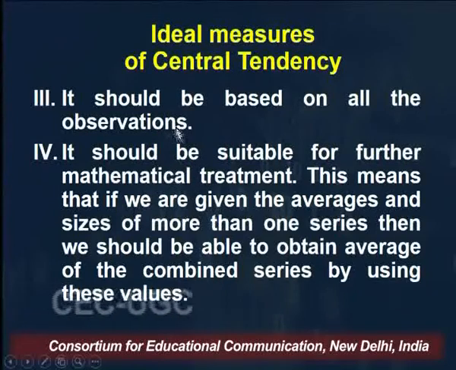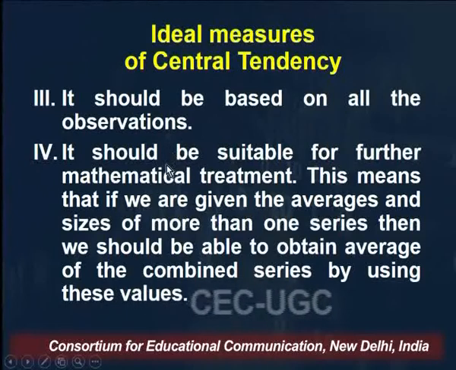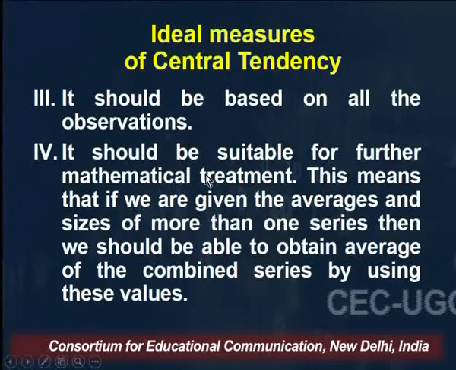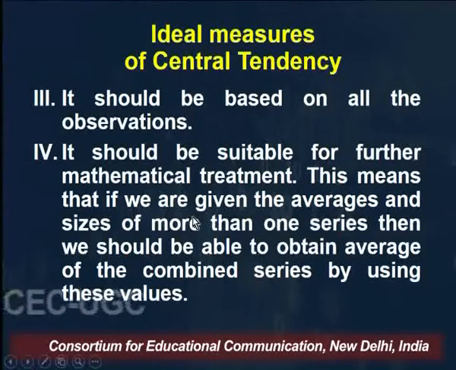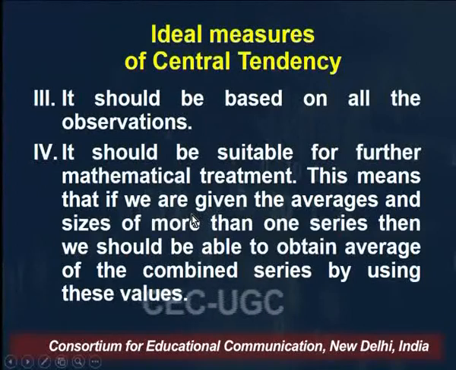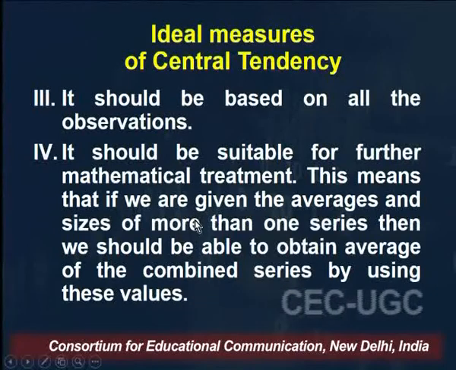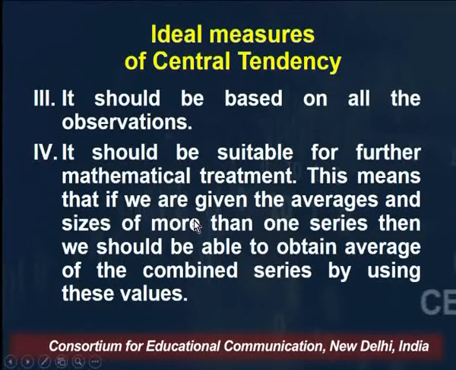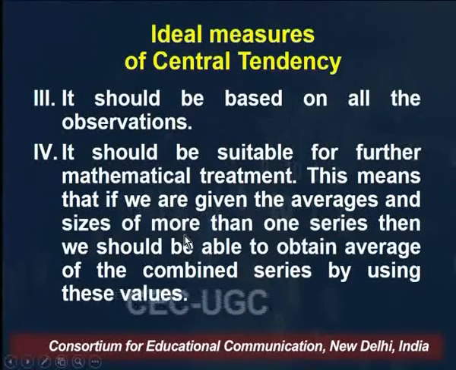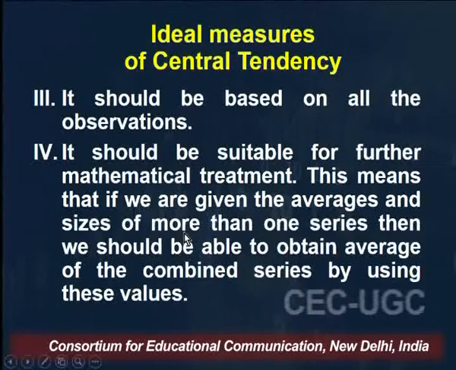The 3 properties I am sure are already clear by what I have said. The 4th property says that suppose we are given averages of 2 different series and I want to obtain the average of the combined series. Then what this property says is that we don't need to recompute the average. What we can do is locate the average of the first series and the average of the second series, and then the average of the combined series can be obtained in terms of the average of the first series and the average of the second series.